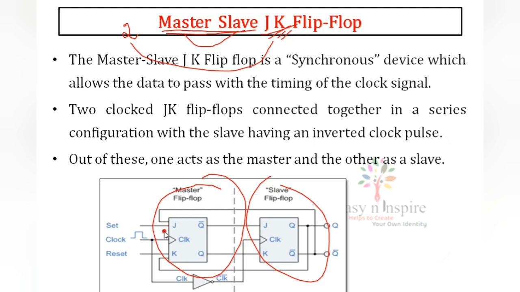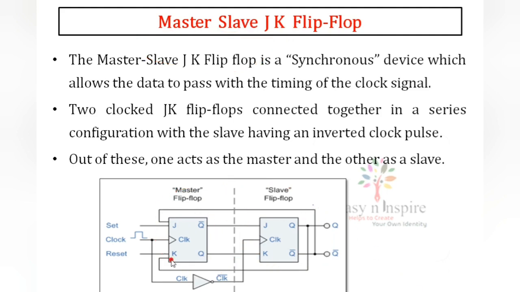The first flip-flop outputs are given as input to the second flip-flop, and the second flip-flop outputs are given as feedback to the first flip-flop. Remember, this is master, this is slave.